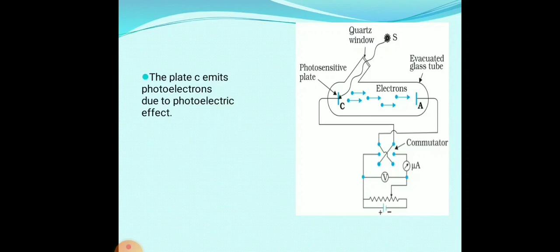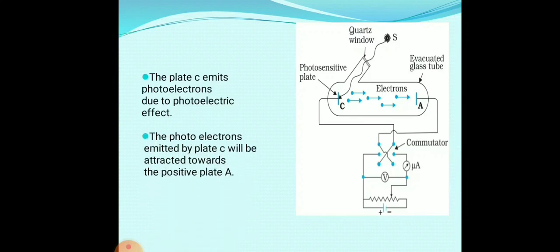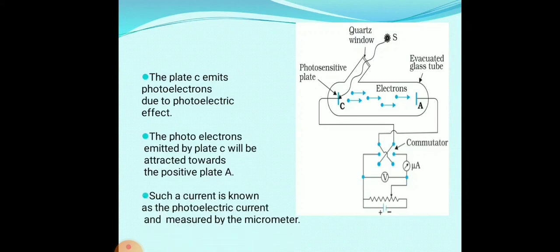The photoelectrons emitted by plate C will be attracted towards the positive plate A. At that time a current passes. This current is known as the photoelectric current, and it is measured by a microammeter.